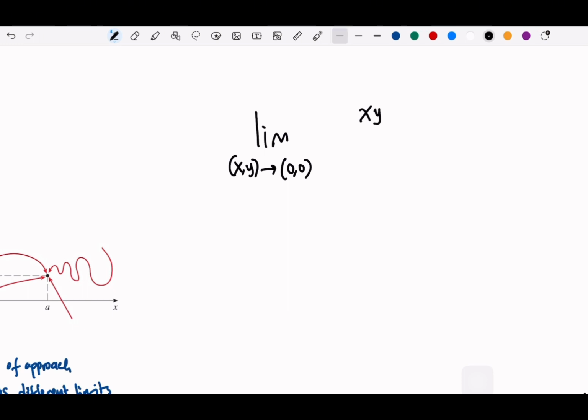Maybe two more examples. The question is, does this limit exist?